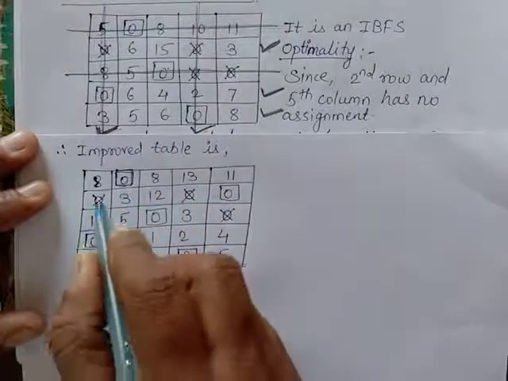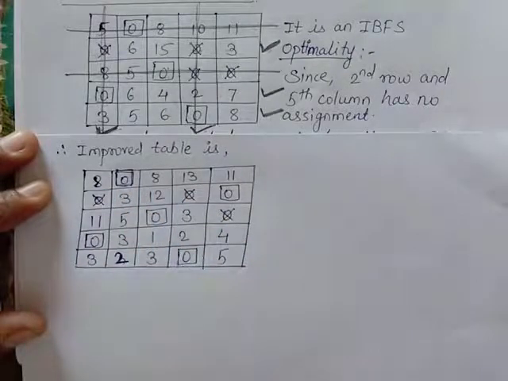So as such, in each row and in each column we get an assignment, which means it is an optimal assignment here.